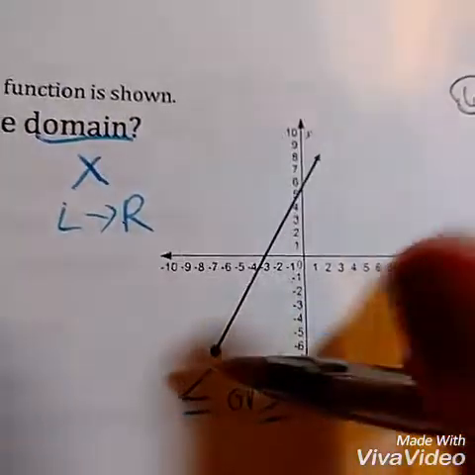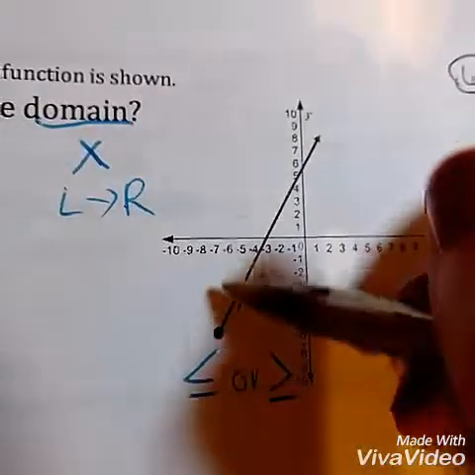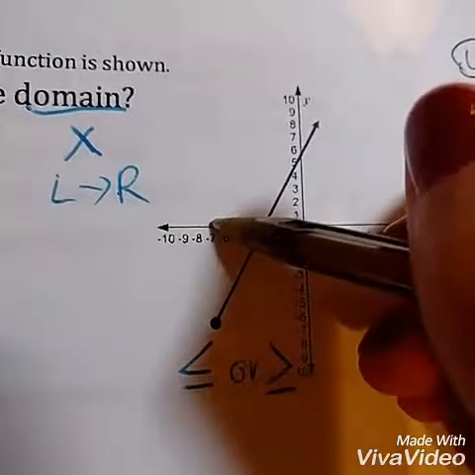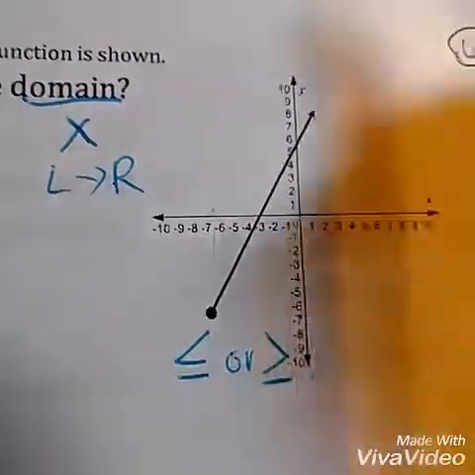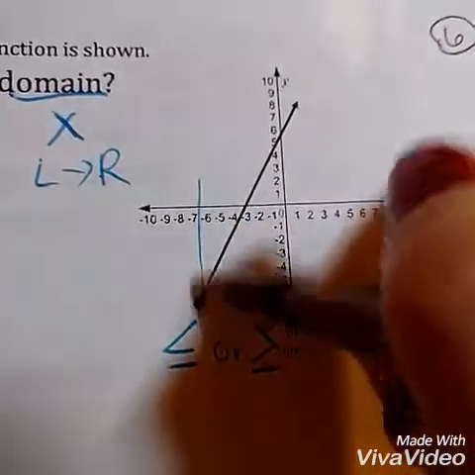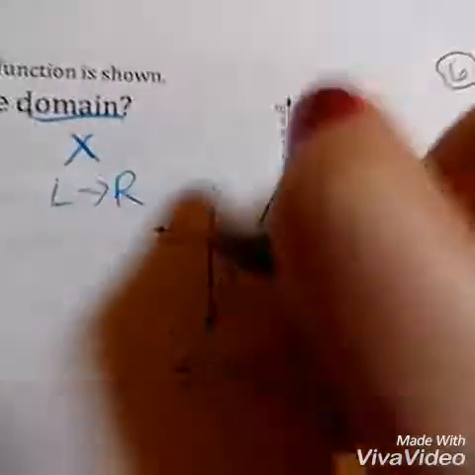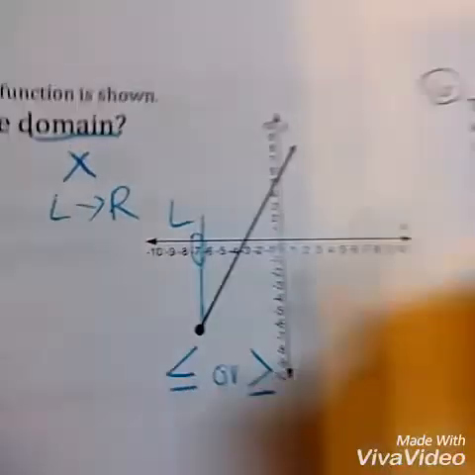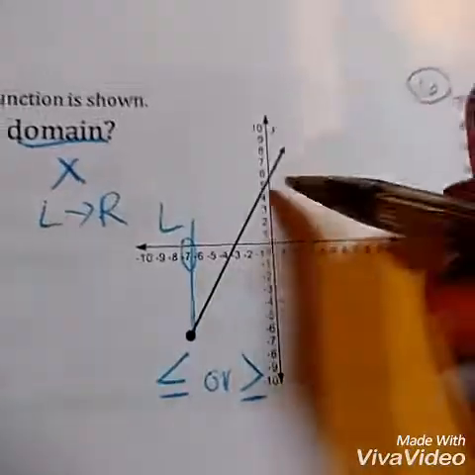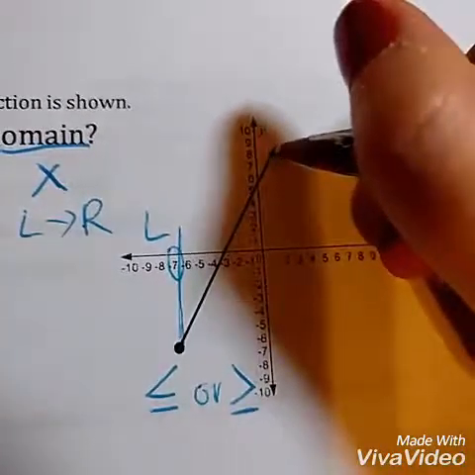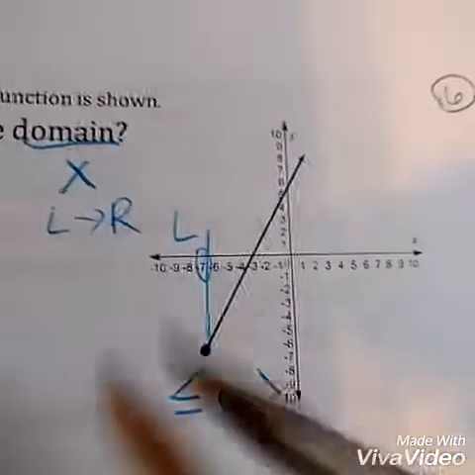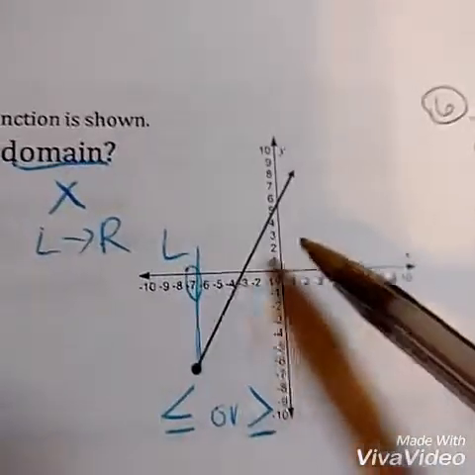Let's take a look at the domain. Domain is left to right. This one, I only have the left side, and the right side is an arrow, so I'm just going to go ahead and box the left. This one is my left, and you can see the arrow right here. I don't have a right because the arrow means it keeps going forever, so I don't know where it's going to stop.